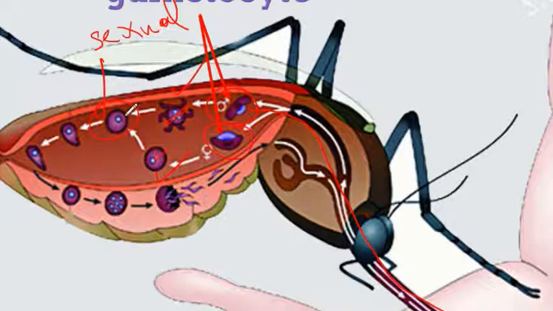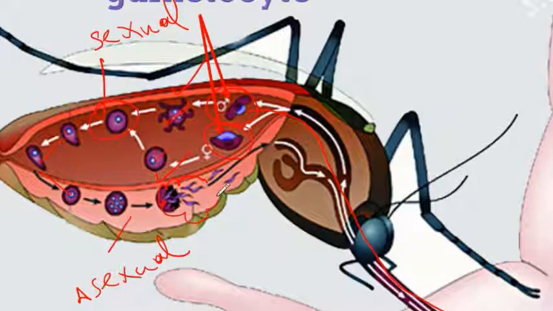Now these gametes will join together to make the zygote. The zygote will swim and penetrate the wall of the stomach of the mosquito. Then in the wall of the stomach, this zygote will divide, and this is a type of reproduction also. It is asexual, because it produces sporozoites without gametes. So this is asexual reproduction.